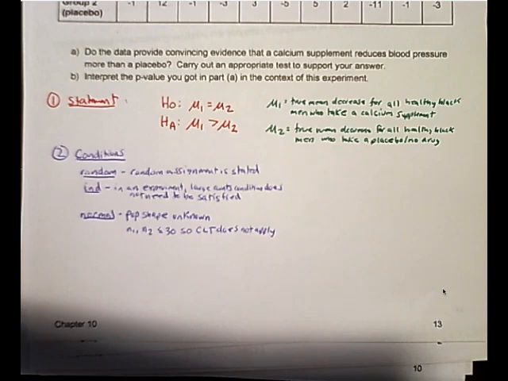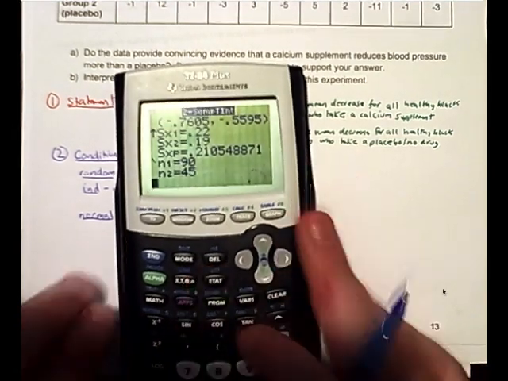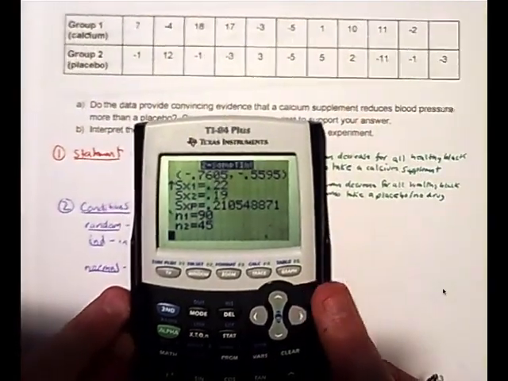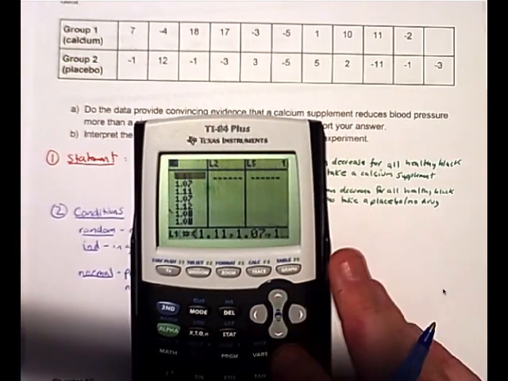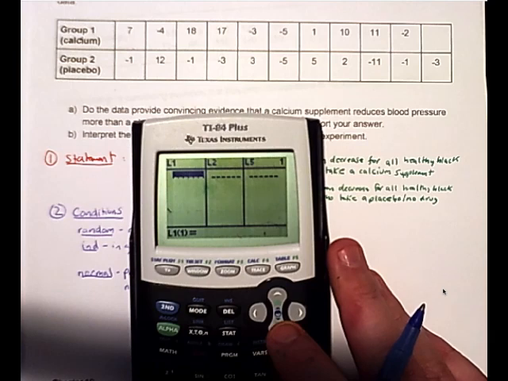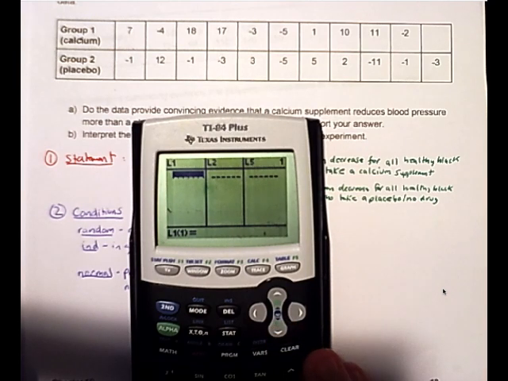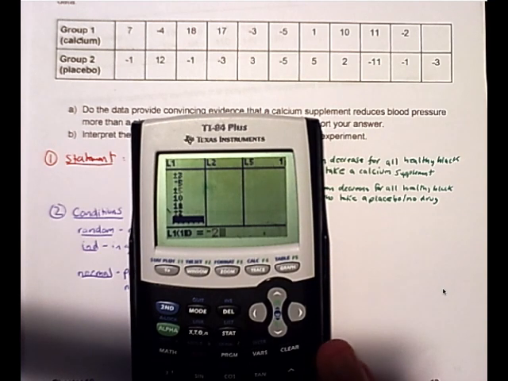All right, so what I have to do here is I have to take this data and put it into a list to make sure that there's no outliers. All right, so I'm going to put group 1 into list 1: 7, -4, 18, 17, -3, -5, 1, 10, 11, -2.